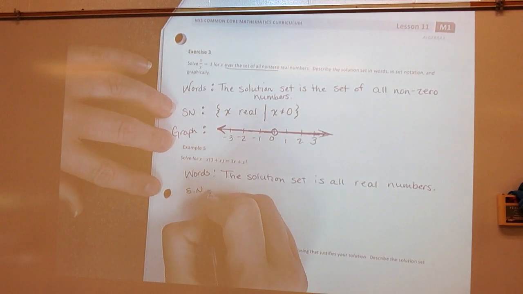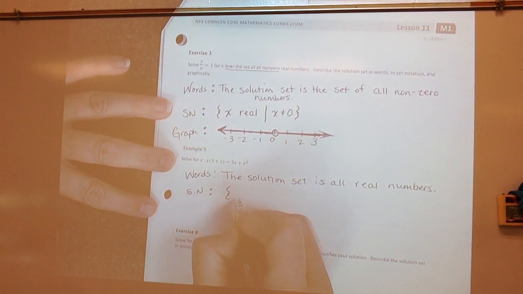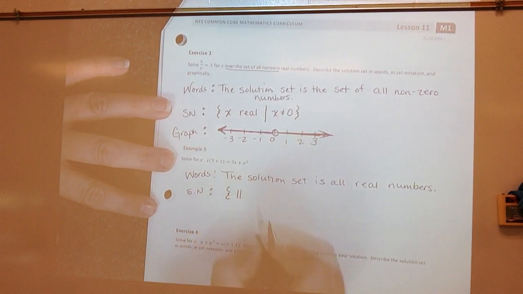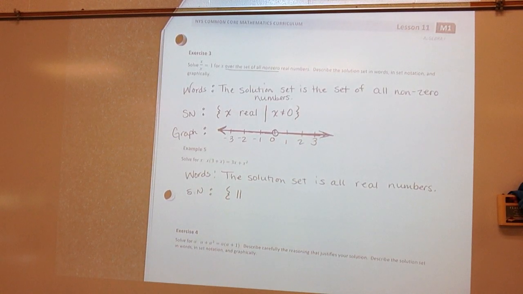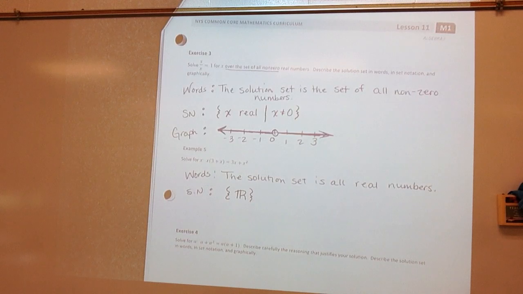Set notation. Here's my set notation. What we would do is draw a double vertical bar with the capital letter R. And it actually is blackboard script. So if you were to type this, you would go to blackboard script and type the letter R. But this is what it looks like.